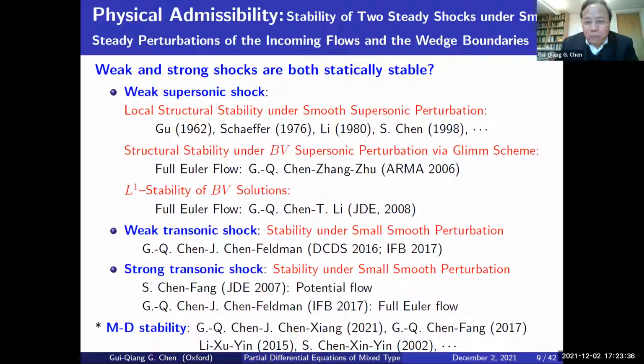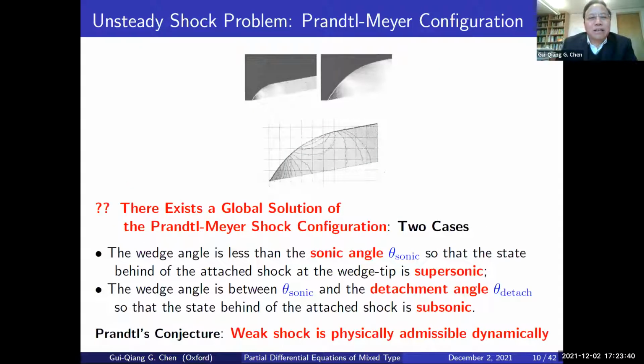The question, of course, more interesting, is what about dynamics? What's going on? This is related to the Prandtl-Meyer configurations. Actually, for the Prandtl-Meyer configuration there are two cases, depending on the sonic angle. If the wedge angle is less than the sonic angle, then behind the shock, starting here, it will be supersonic.